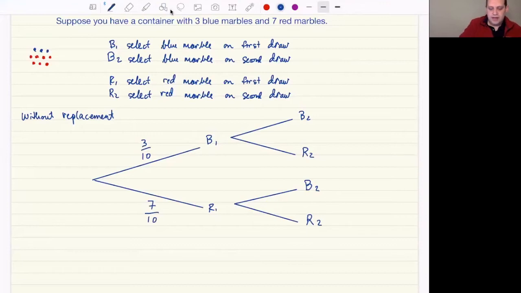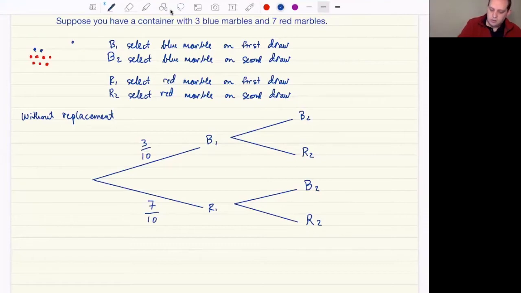Now I want to think about each of these scenarios. Let's say that we draw a blue marble first. If that's the case, let's remove it from the pile, and now we have 9 marbles remaining. We want to know the probability that we select a blue marble second in this scenario.